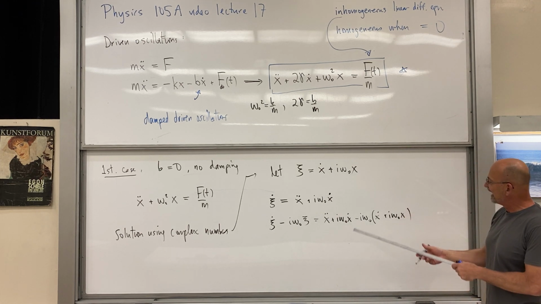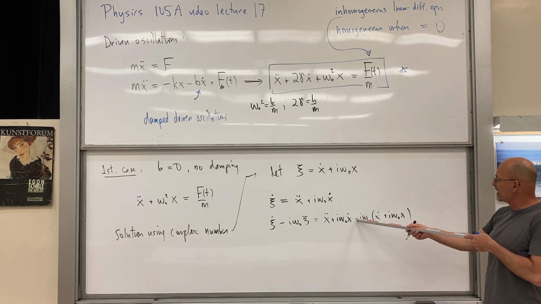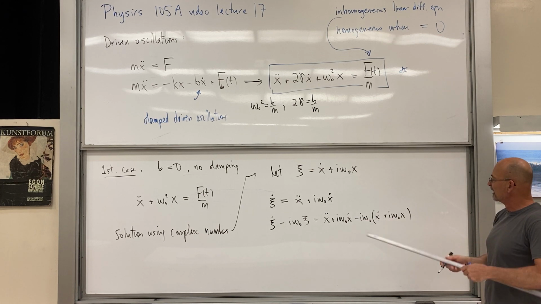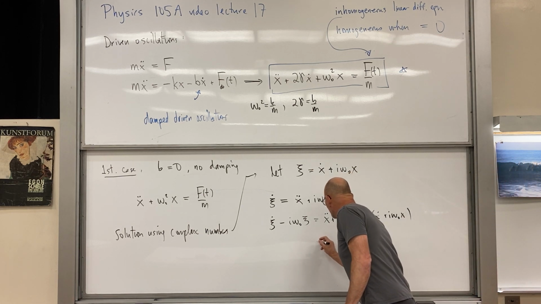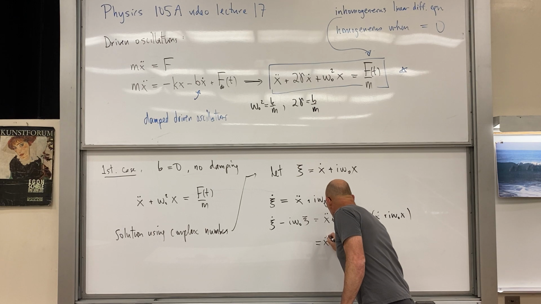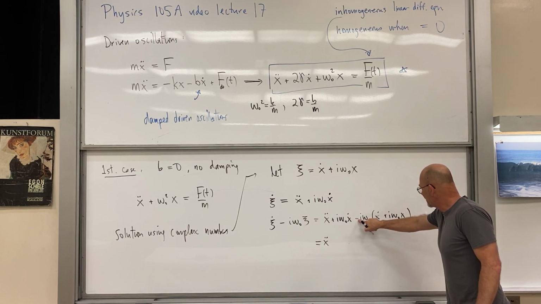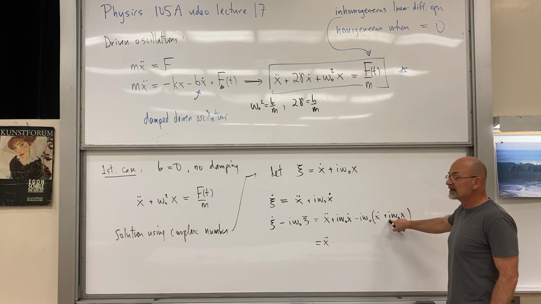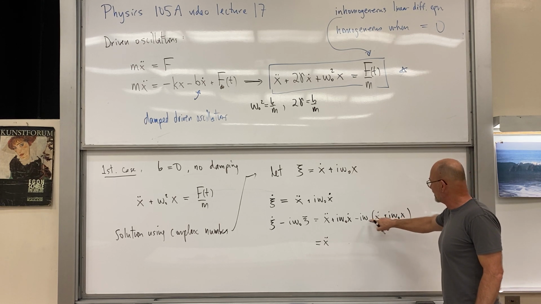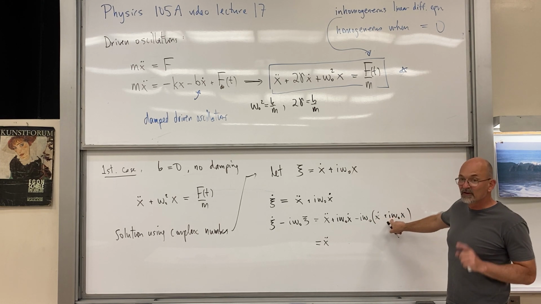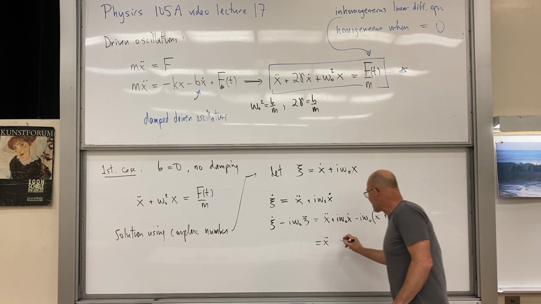So we get a cancellation: i omega naught x dot minus i omega naught x dot. So that leaves us with x double dot. Those go away. Minus i times plus i is plus, okay. Minus i times i is positive 1, omega naught squared.